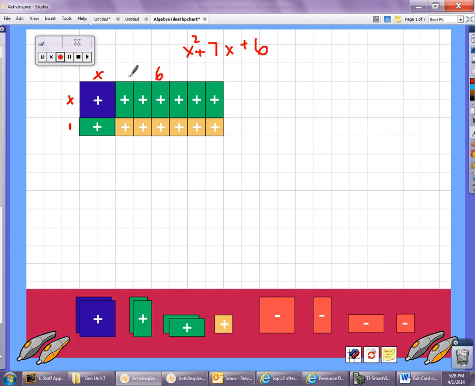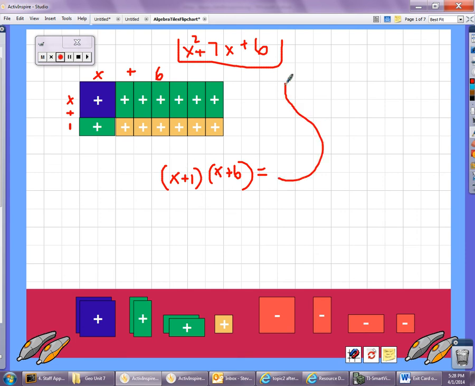These are all positive greens, and this is a positive 1. So this expression in standard form is x plus 1 times x plus 6 in factored form, since length times width gets us there. If you multiply these two binomials together, you end up with this standard form. That's how you factor using algebra tiles.